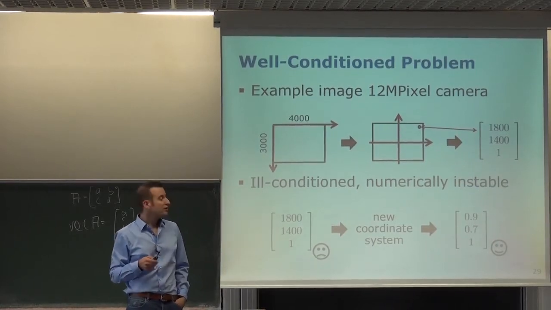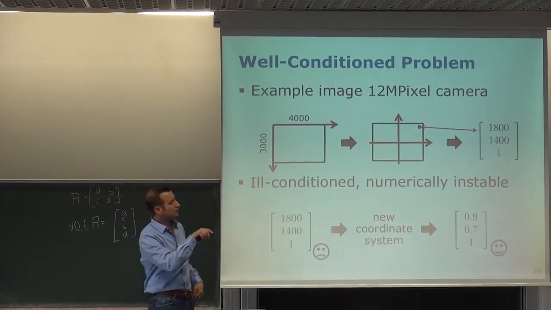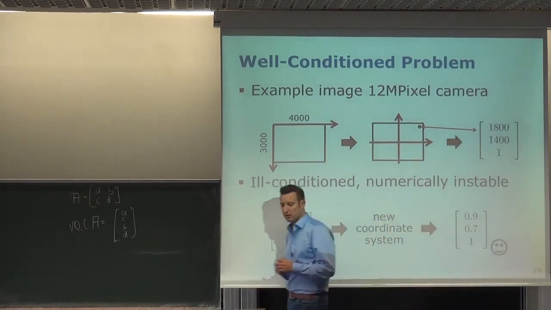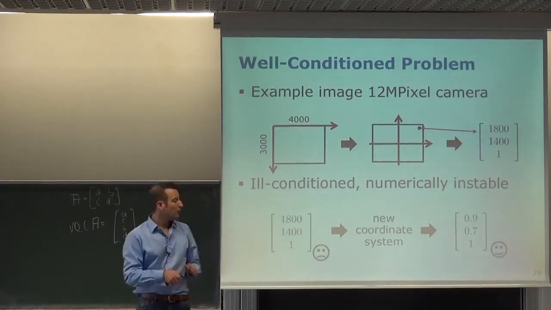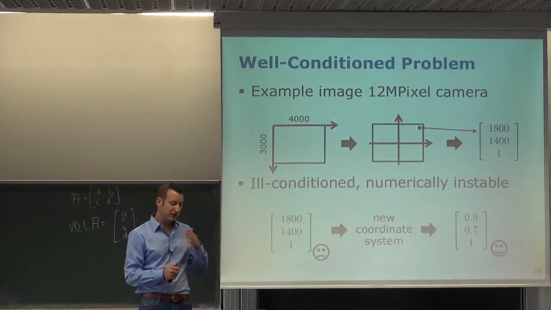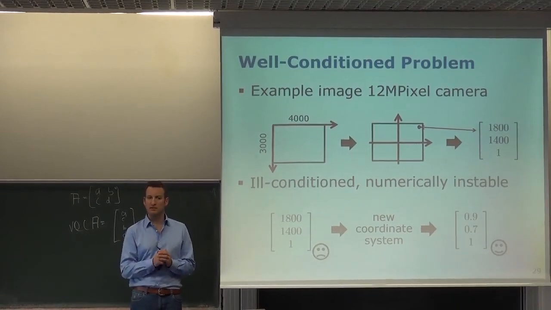So we can generate a new coordinate system which maps those points into a different coordinate frame where all the values are roughly along the same scale. This leads to a better conditioned system, and this is numerically more stable.